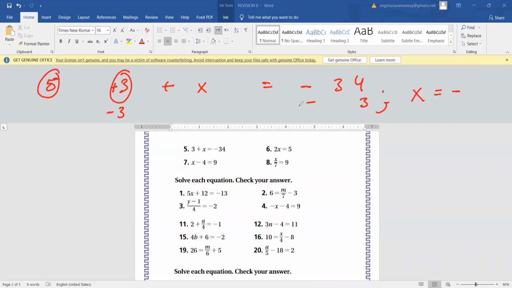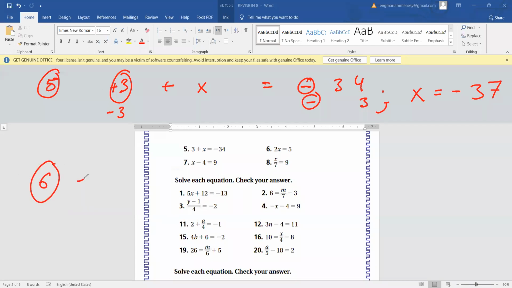Negative, negative, then add. 4 plus 3 is 7, 3 plus 3. If I have the same sign, we add and put the same sign. Negative 34, negative 3. The answer will be negative 37.